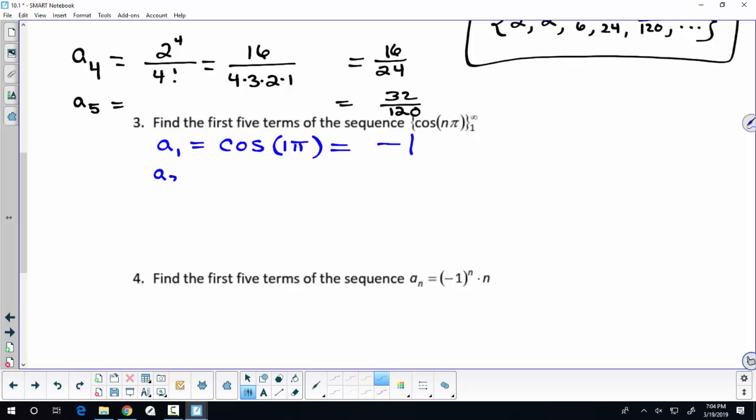The second term, that's now the cosine of 2 pi, which is 1. The third, -1. Fourth, 1. And the fifth, -1.